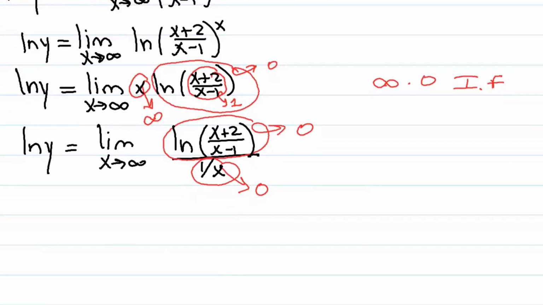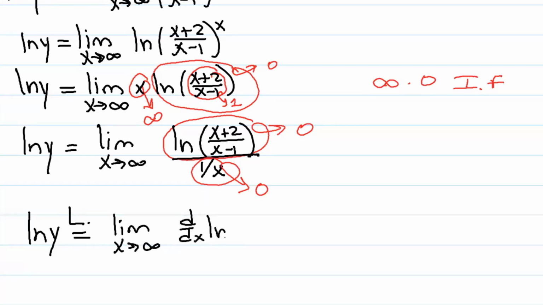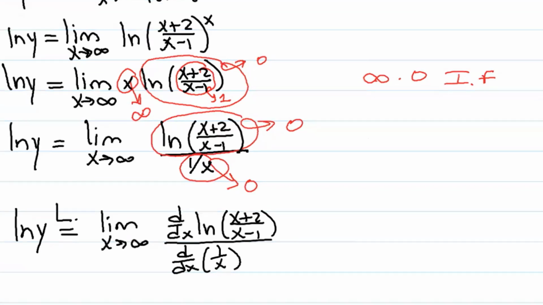That means that natural log of y equals, by L'Hopital's rule, the limit as x goes to infinity of the derivative with respect to x of the top over the derivative with respect to x of the bottom. The reason I'm writing it this way is because I'm going to go off to the side and figure those out.